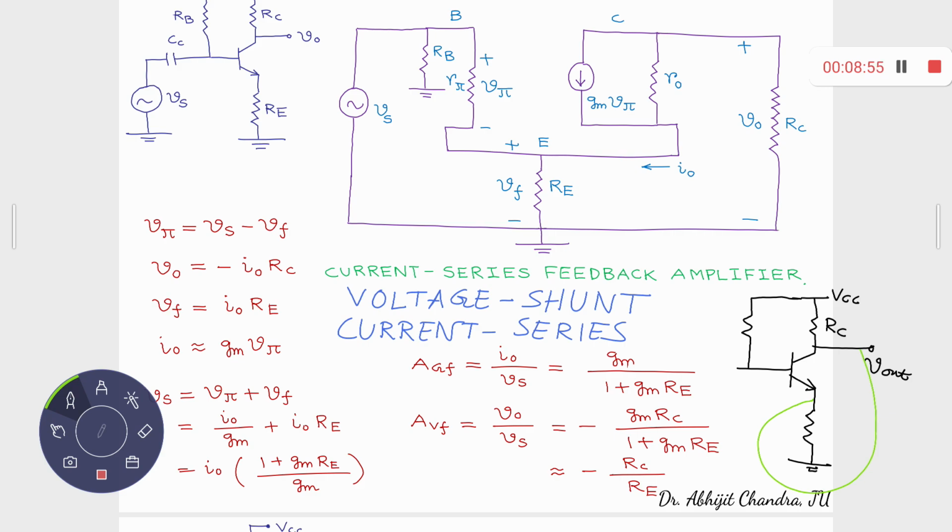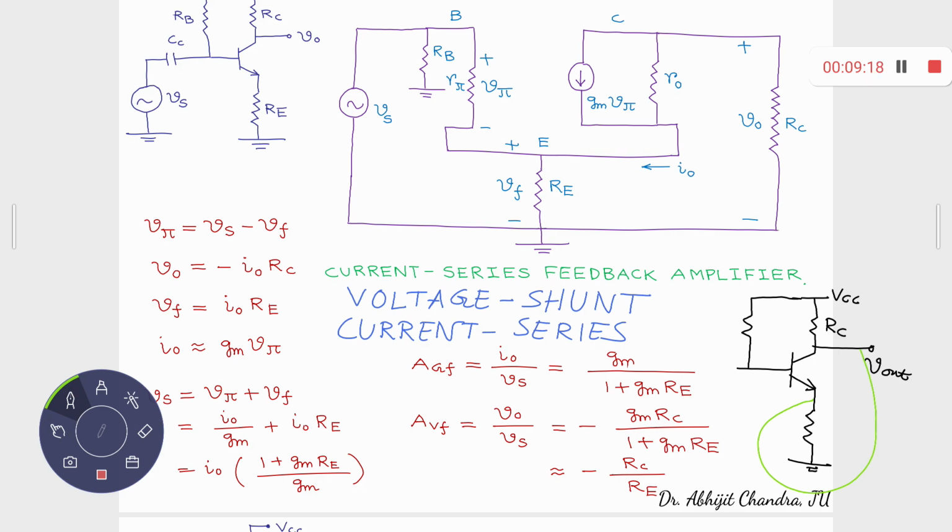But the question is, on an assumption, suppose it is possible. Let's assume, as I told you, the combination of Hans and Hojadu will become Hansjadu. You already know how to design a voltage shunt kind of thing, and a current series kind of thing.